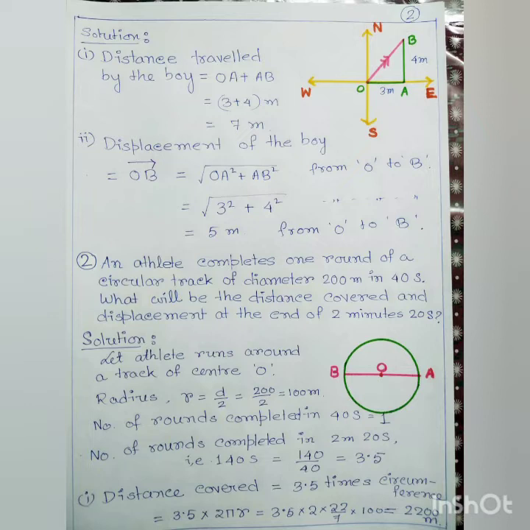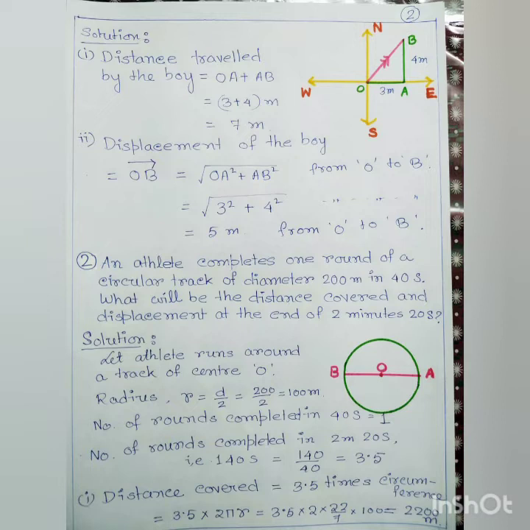Number of rounds completed in 140 seconds will be 140 divided by 40, therefore 3.5. Means he will cover 3 full rounds and half round of the circle.